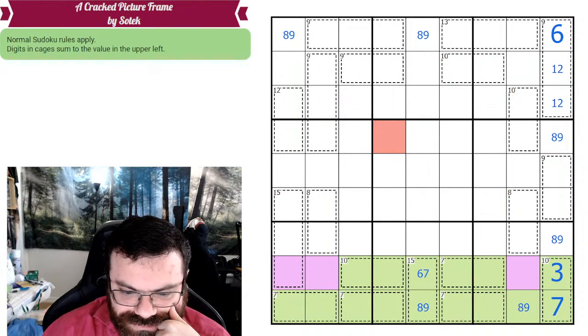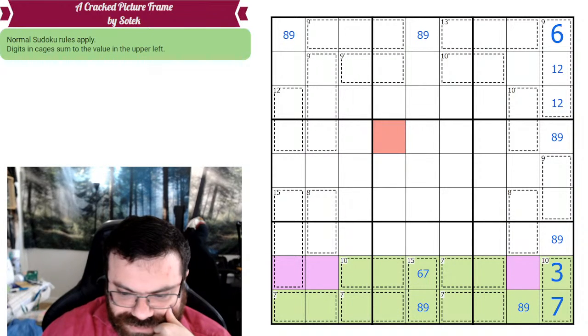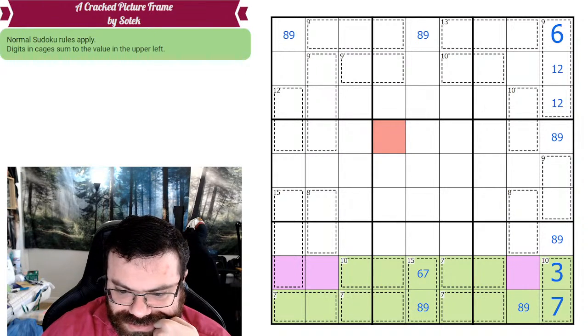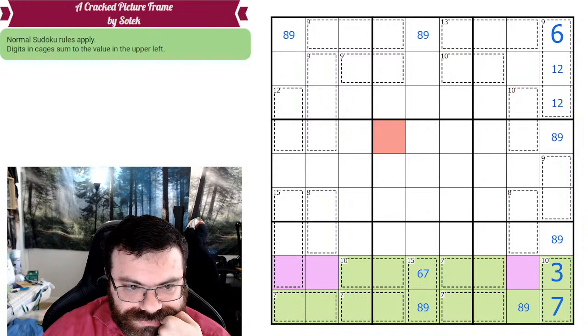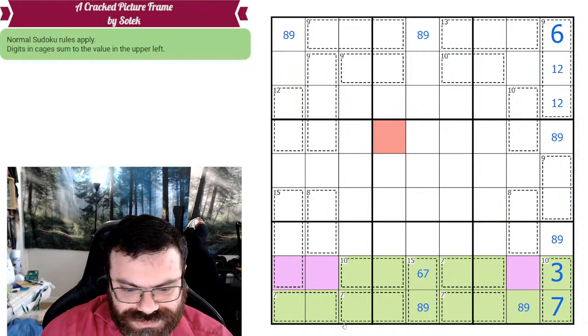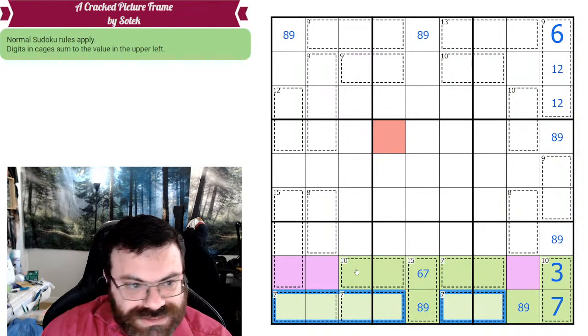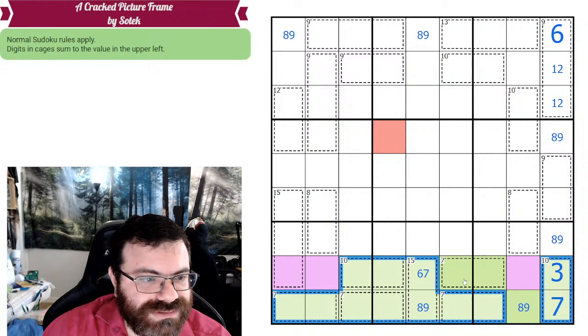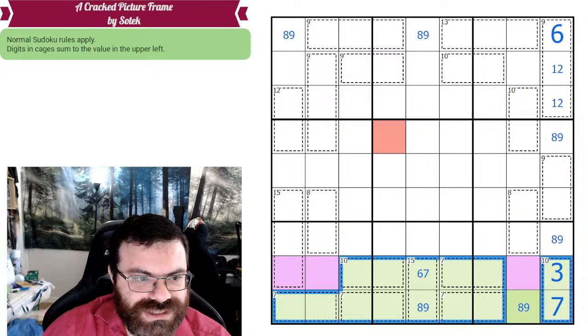Okay, so we have 7 plus 7 plus 7 plus 10 plus 15 plus 10. So I did the 7's cages, I did 10, 15, 10. Oh, I missed another 7. One more 7 cage.